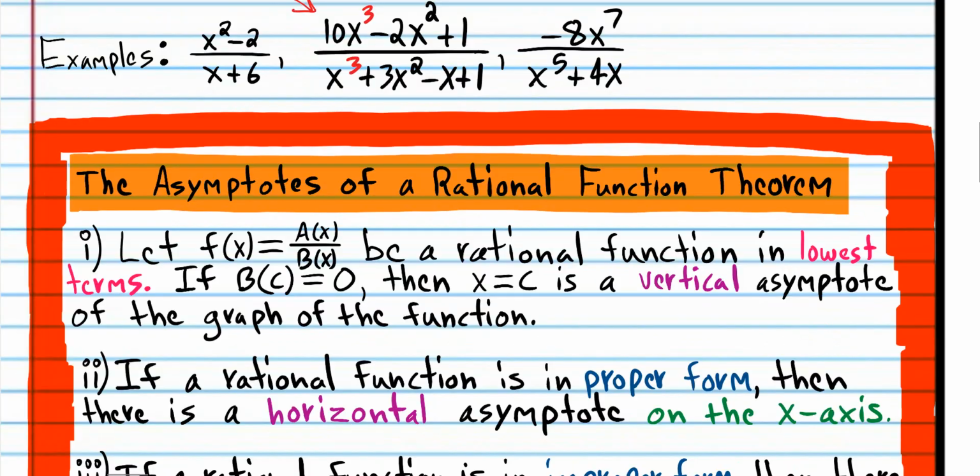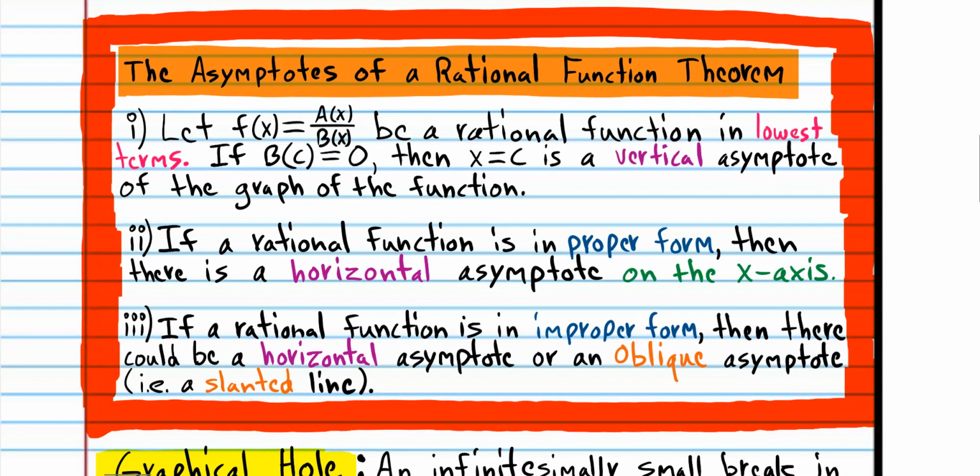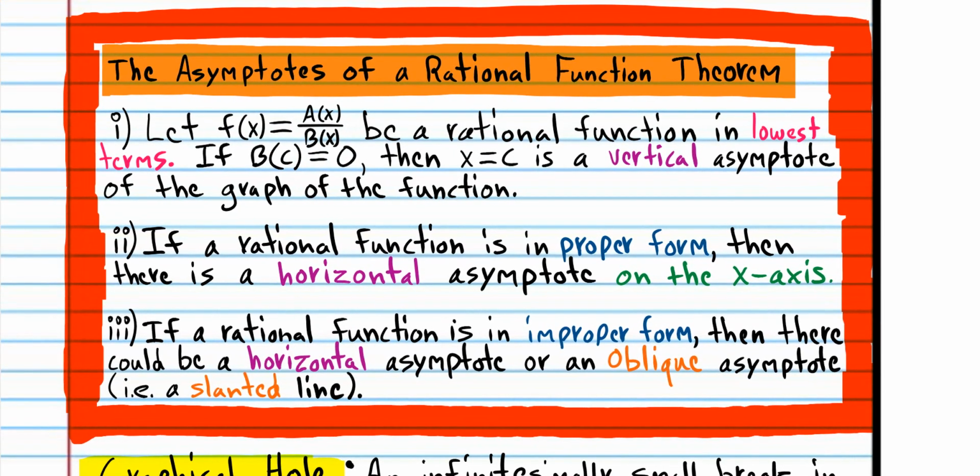So we're going to be going over this information a lot later on. But this is a very important three-part theorem. This first part tells us that if there's some x value that makes the denominator 0, then that x value is the location of a vertical asymptote.